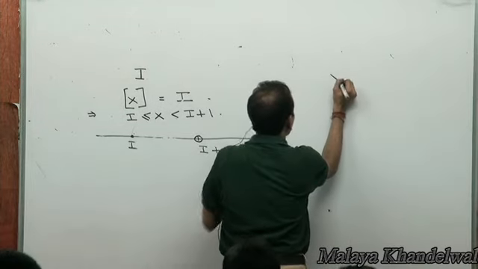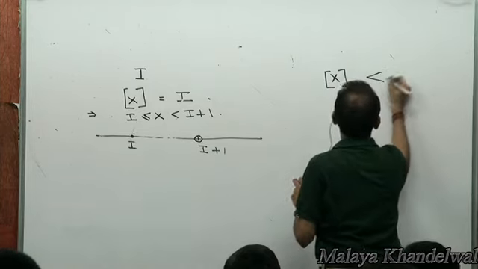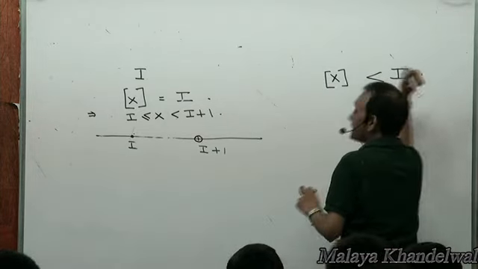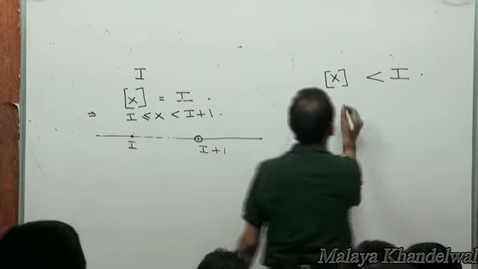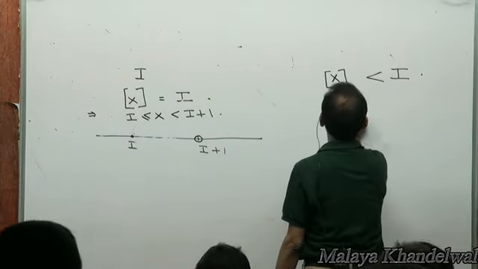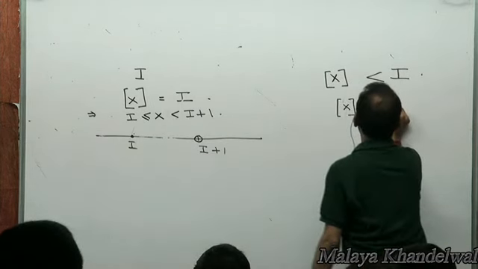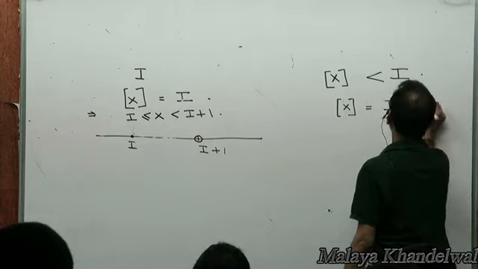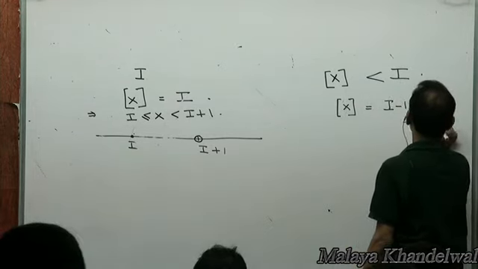If I said I is an integer and box of x is less than I, that means box of x could assume values like I minus 1, I minus 2, I minus 3, I minus 4, and so on.